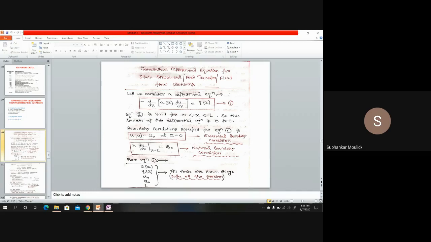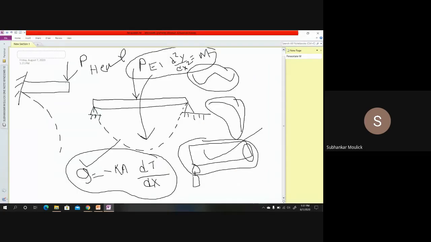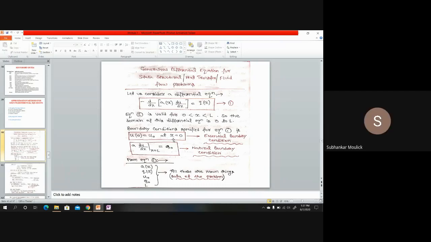Here x is the length of the beam. When x is 0, that means this point, displacement u is u naught. And by looking at this problem, displacement u naught will be equal to 0. Is it clear? Understood? Yes, sir. Likewise, this essential boundary condition will change from problem to problem.